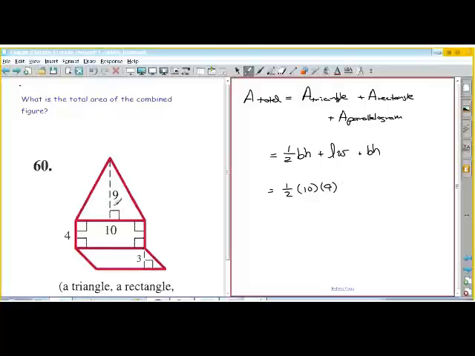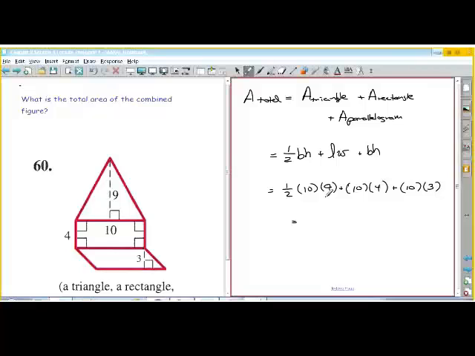The height is 9 centimeters, or 9 units. So the area of the triangle is going to be 45. The area of the rectangle is just the length times the width, so the length is 10, the width is 4. And for the parallelogram, these are both 10 units, and the height is 3, so that's 10 times 3.